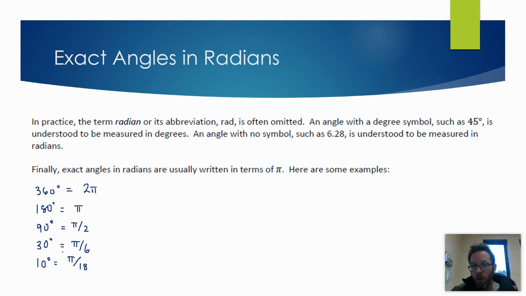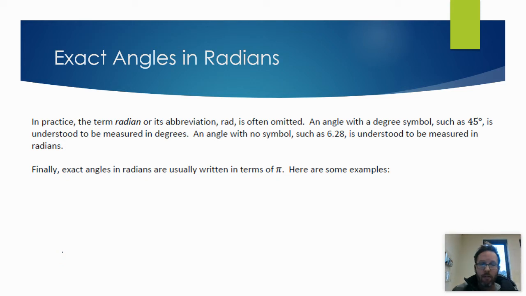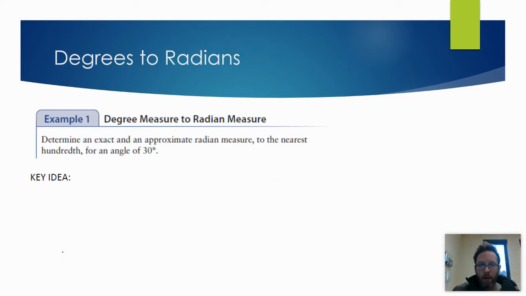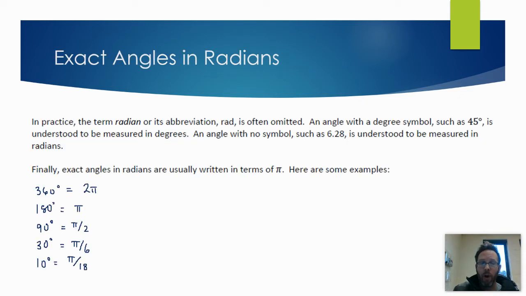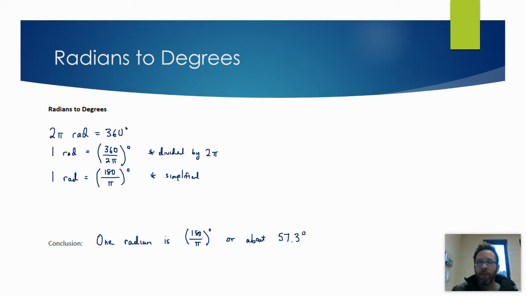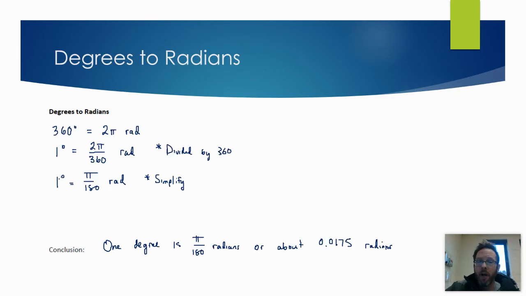All right, let's do a few more examples. It's some new terminology. It's a new way of measuring angles. Let's get used to this a bit more. We talked through the 30 degrees, but let's do an example here. The key idea, if you want to go from degrees to radians, think back to our conversion. Every 1 degree was pi over 180 radians.